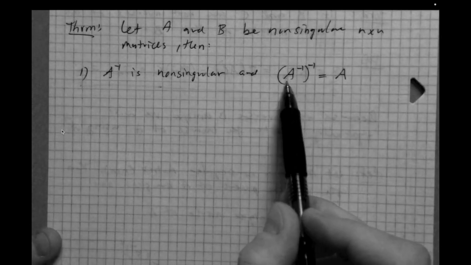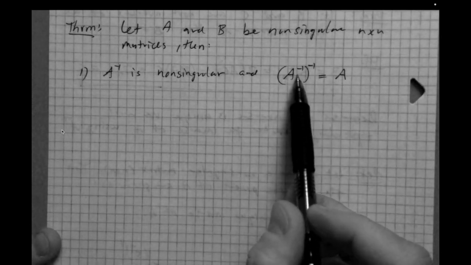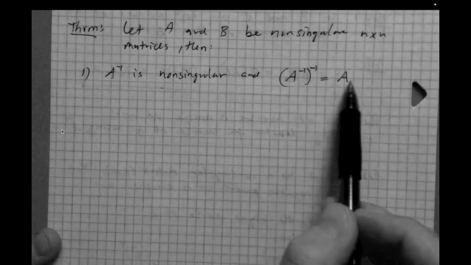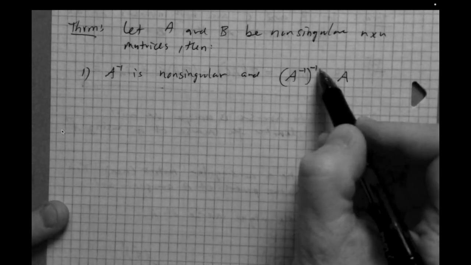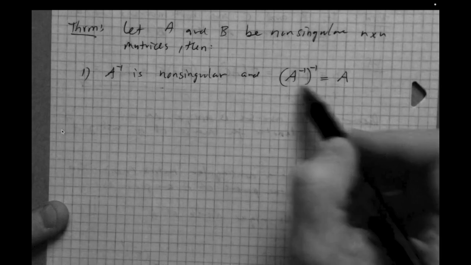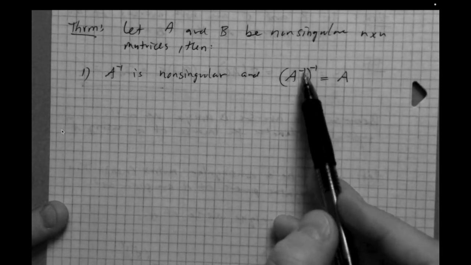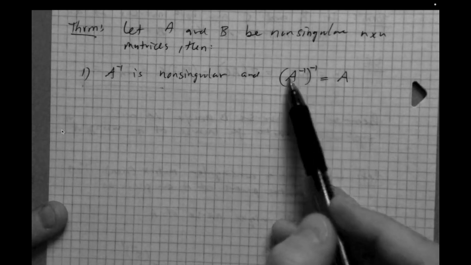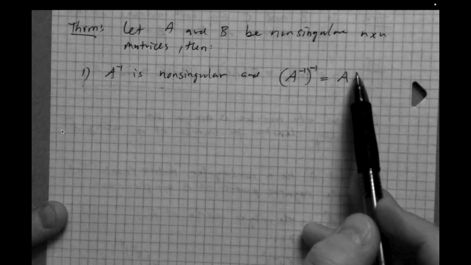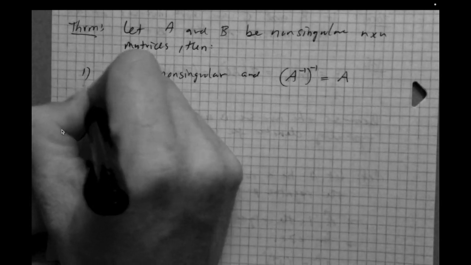And so if A inverse is the inverse of A, then A is the inverse of A inverse. So when you take the inverse of an inverse, you just get A back. And this is great notation as well, because -1 times -1, the way you would normally treat these powers, gives A to the 1 power, which is just A. So that's that.